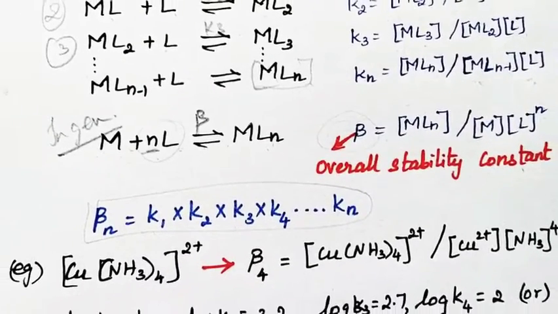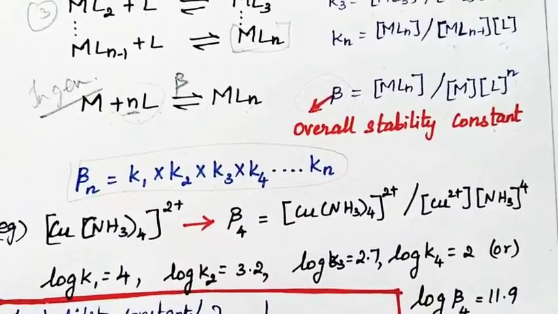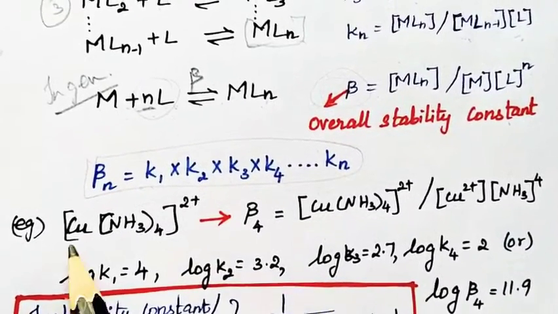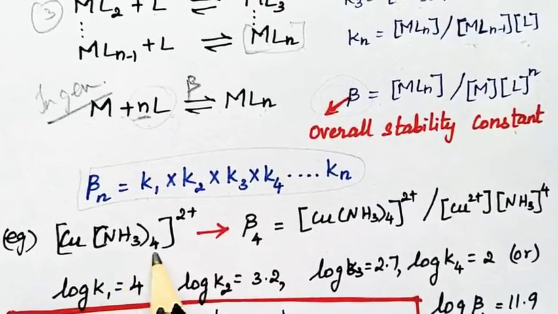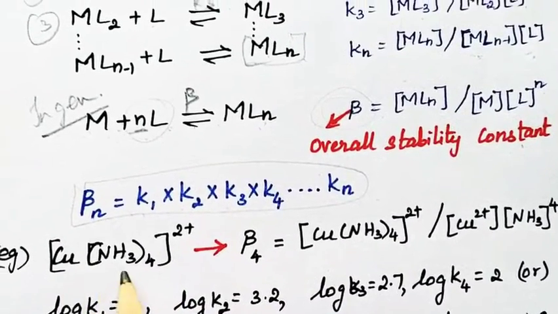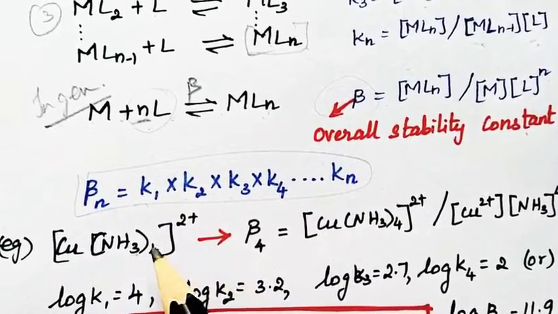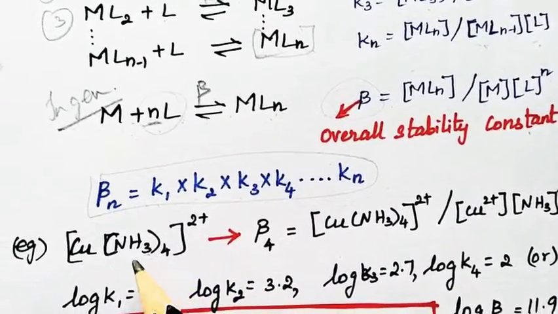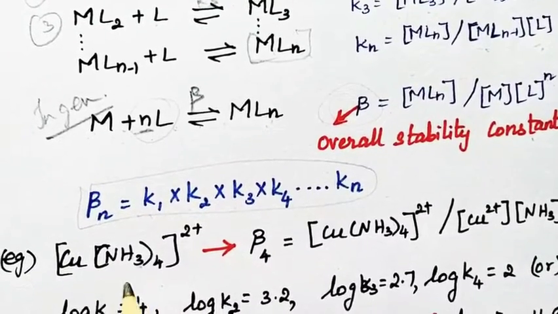We can apply this stability constant in an example. Here we took the first example, that is the tetraamminecopper(II) ion. This reaction may take place in a step-by-step manner, but I have written everything in a single step.